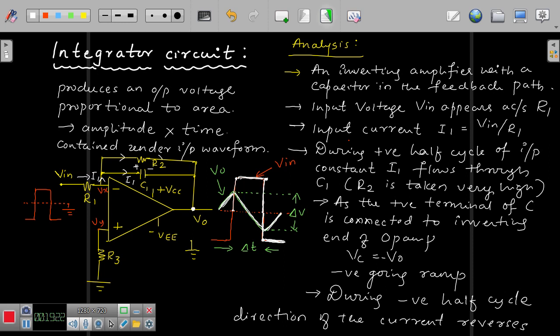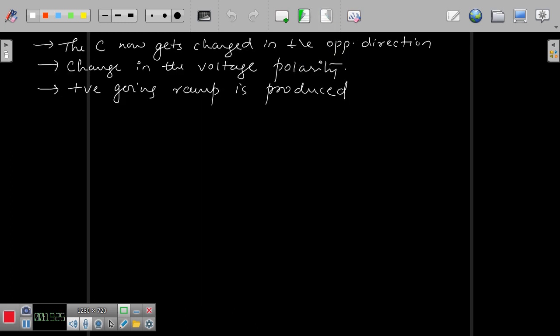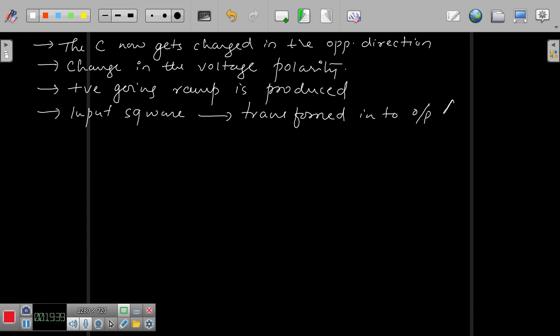So what exactly happens? The input square wave is transformed into the output triangular wave. So this is how you are going to get the integrator operation.